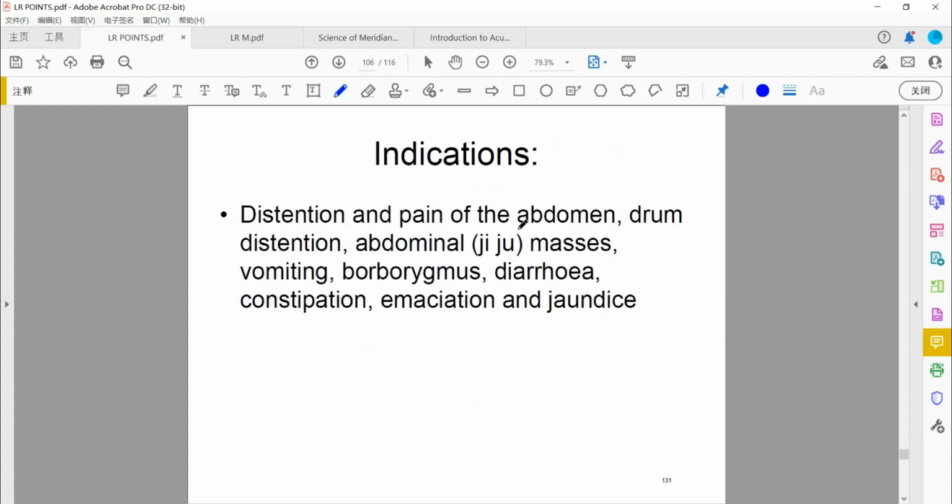Indications: distension and pain of the abdomen, lower jiao, drum distension. Drum distension means the patient has a big abdomen, which could be water or fluid inside, or just too much qi inside, depending. Abdominal masses, vomiting, diarrhea, constipation, emaciation, and jaundice.